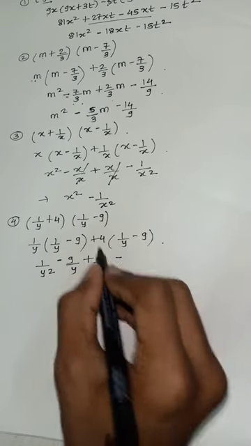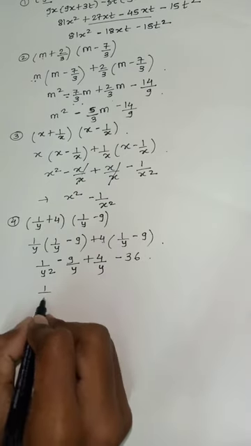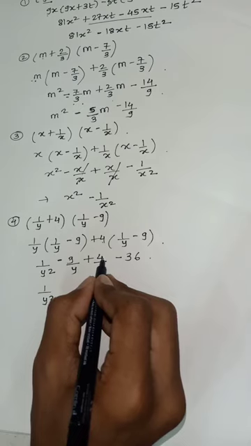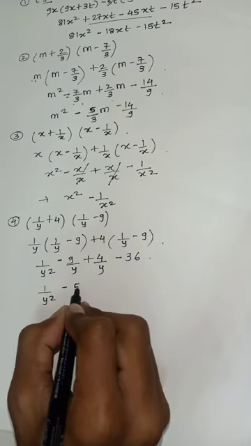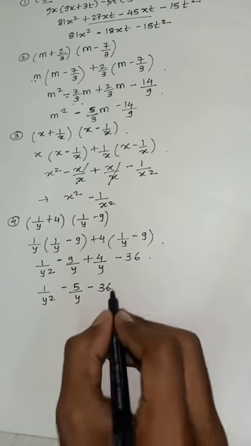Plus into minus is minus, 9 into 4, that is 36. Now subtract this 9 from this 4, we get minus 5 by y minus 36.